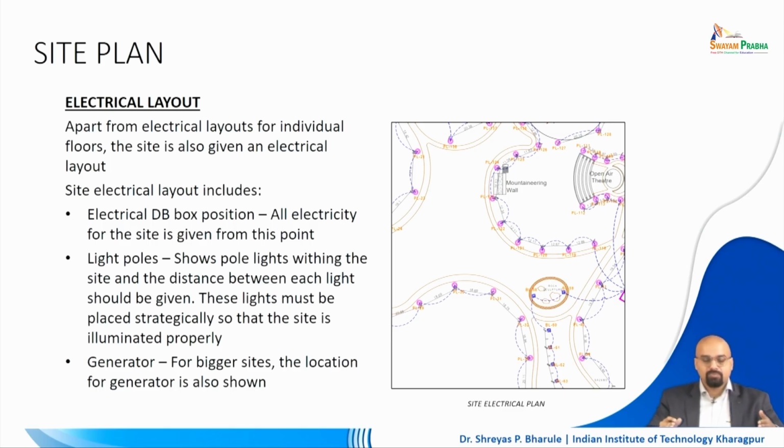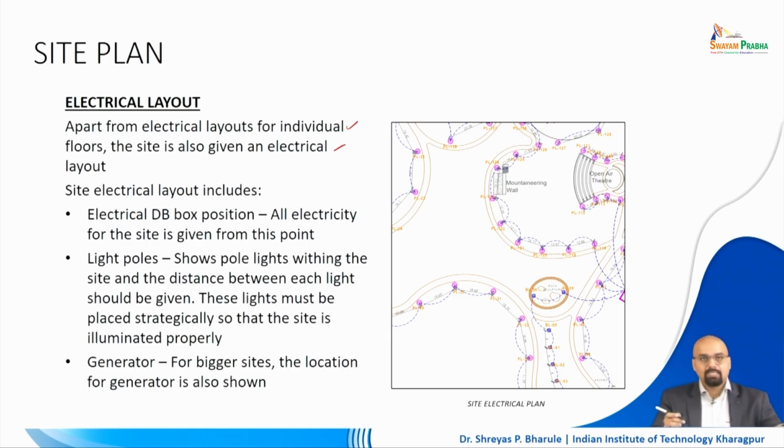So this is to be definitely kept separate from all of the earlier utilities. In the case of the electrical layout, as I mentioned earlier, individual floor layouts are to be provided along with a complete site electrical layout. So two types of layouts are to be created in this case.